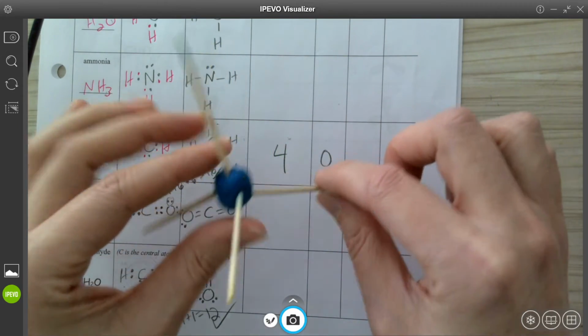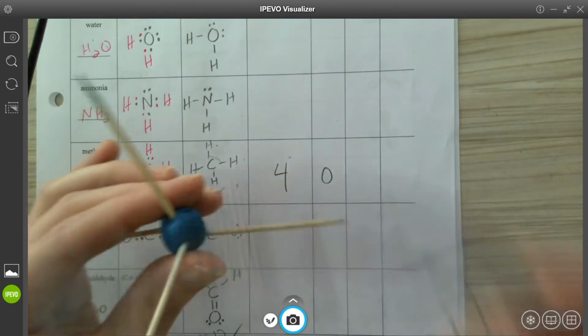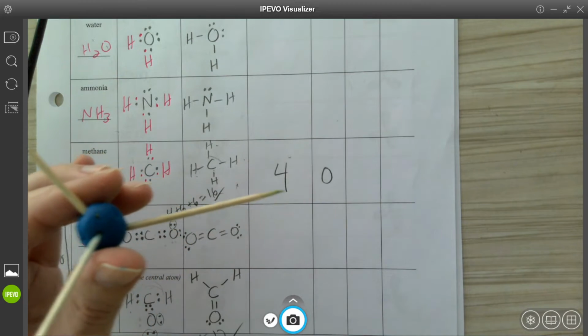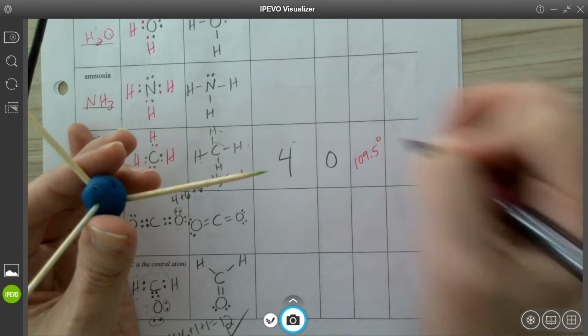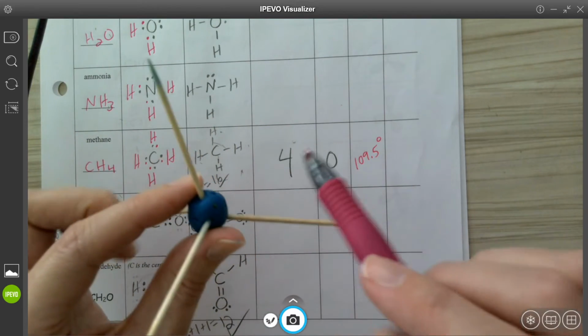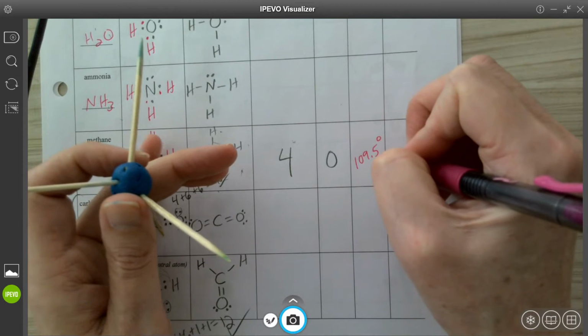And the angle, if you were to hold a protractor up to it, the bond angle for all of these is 109.5 degrees. So in 3 dimensions, they're able to get a little further apart than 90 degrees. And the name for the shape is tetrahedral.